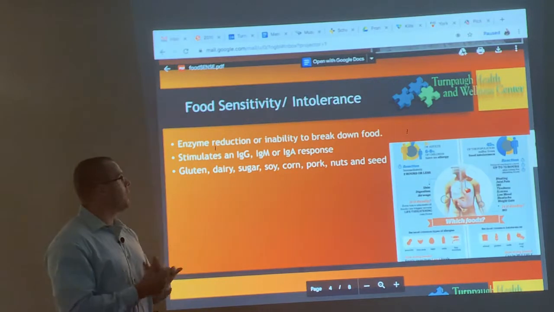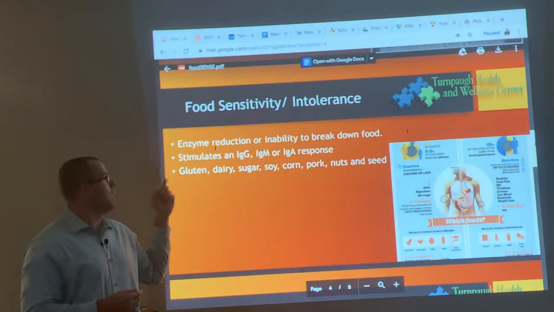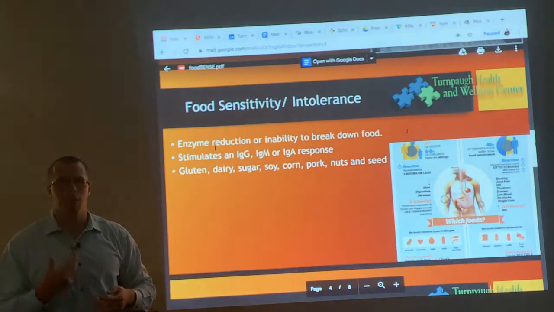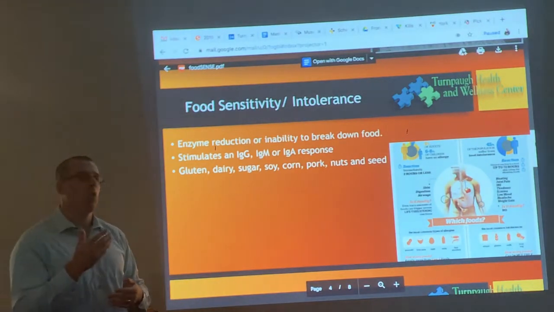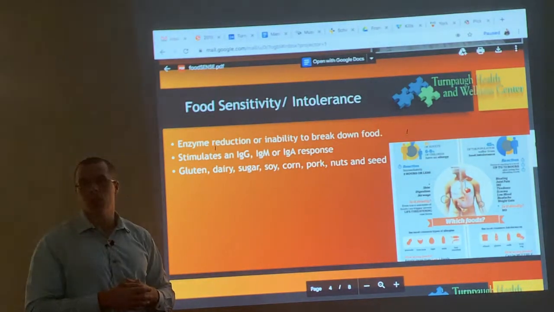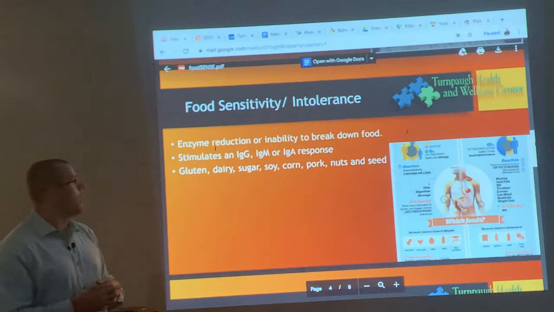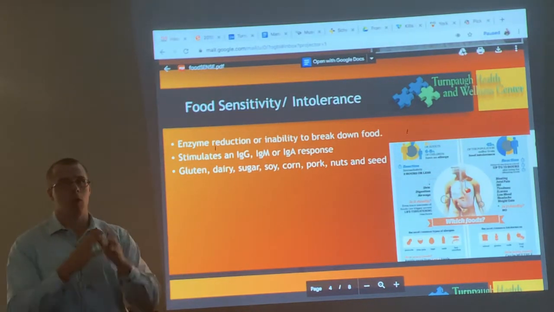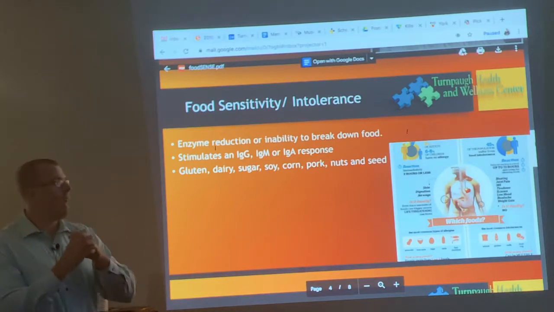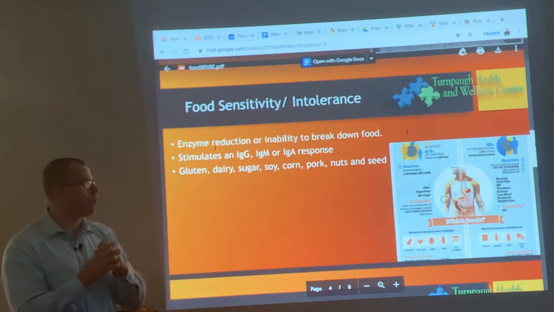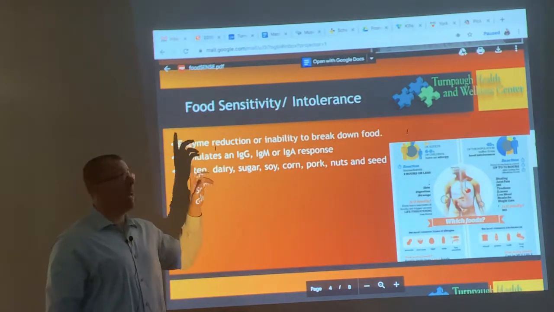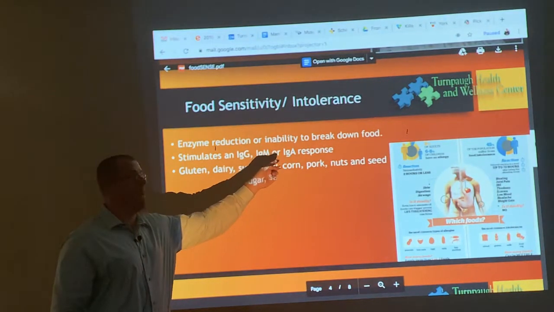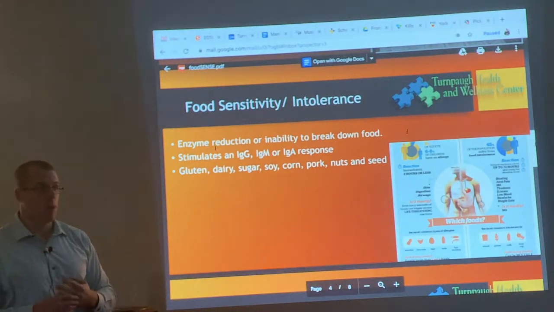And what we have here is basically the inability for the body to break down a food, or we're lacking an enzyme to break down that food. And then what happens is we have food particles that are now larger than what they should be. And if any of those get into the bloodstream, they will stimulate an IgG, IgM, or IgA response.